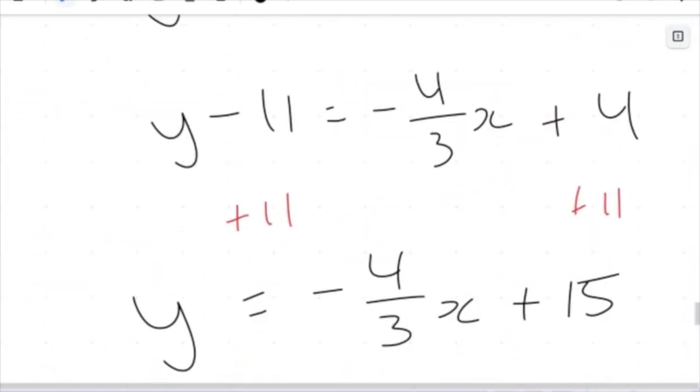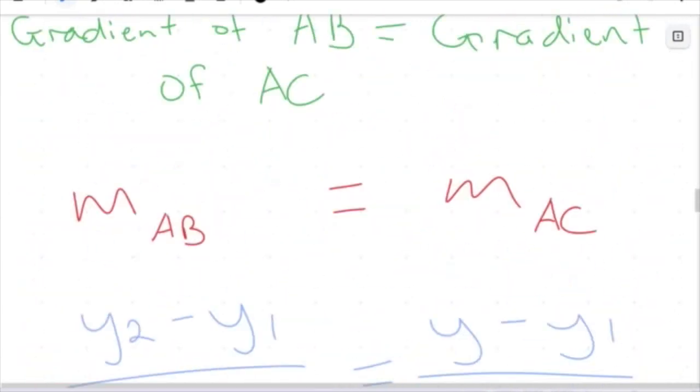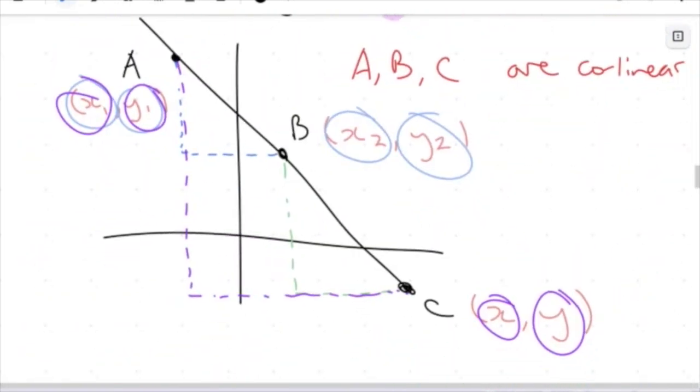Now, why does this work? Well, it works because of this thing that we defined up here. It works because the gradient is equal all the way through. So whatever we choose right at the end, whether it's x1, y1 or x2, y2, or any other point, we're always going to get the same equation because these points are collinear.